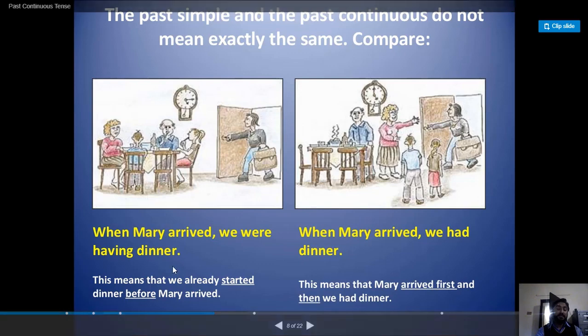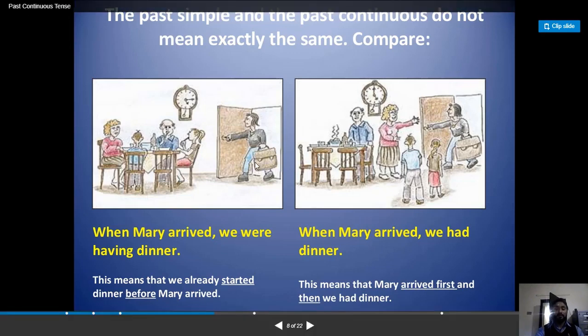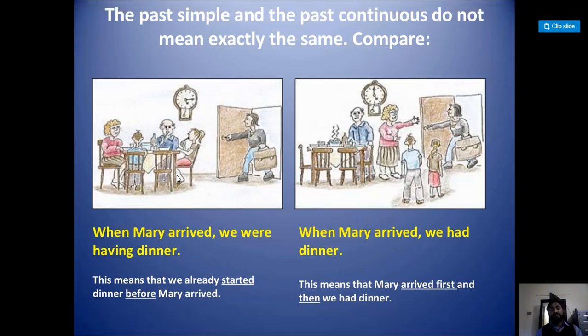This means that we had already started dinner before Mary arrived. It means we were in the middle of the action when Mary arrived. So she arrived later, and we had already started our dinner.